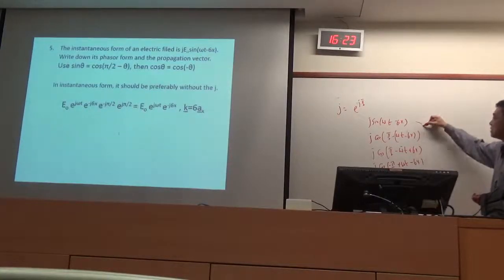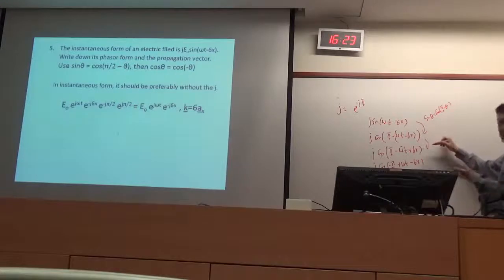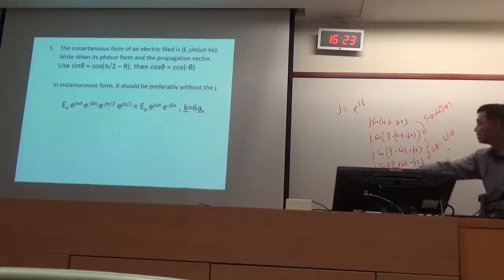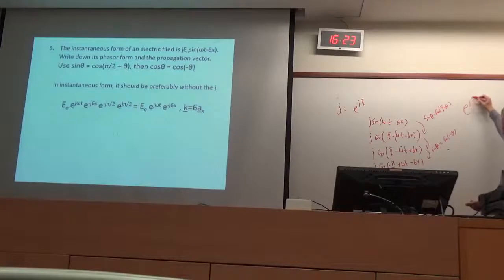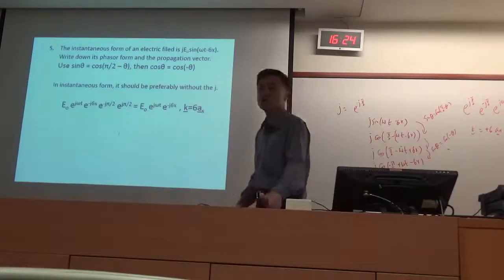You see that from here to here I apply sine theta equal to cosine(pi by 2 minus theta). This one I just expand it out. From here to here I just write cosine theta is equal to cosine(minus theta). Then from here I can write e^(j pi by 2), e^(minus j pi by 2), e^(j omega t), e^(minus j 6x). So finally the propagation factor is still equal to plus 6ax. So no big deal.